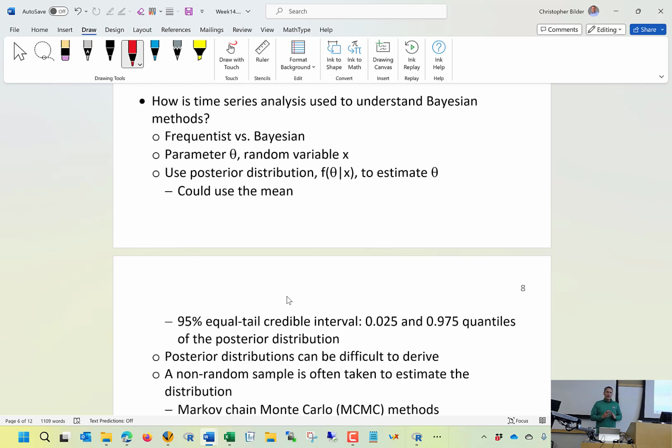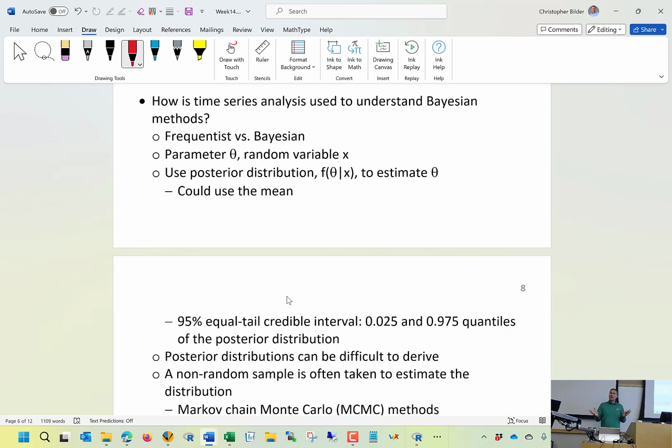The parameter that you're trying to estimate is a fixed quantity. It does not change. For example, there's one population mean. That's it. Now, Bayesians think about this in a different way. They say, I don't know what this population mean is. I don't know what this parameter is. And as one of my professors said so nicely when I was a student, those kinds of people say we should represent all uncertainties by a probability distribution.